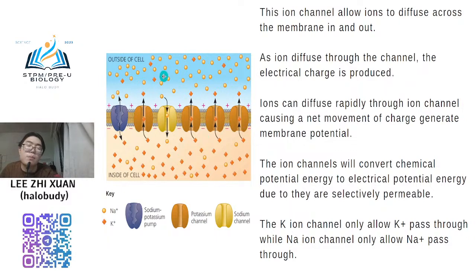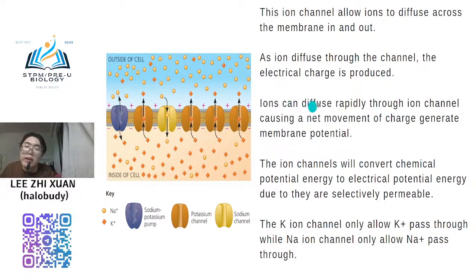Outside the cell is positively charged, so the potassium ion needs to pass out. It has to go out, but it cannot be too much either. If too much, there is a possibility of creating a positive charge too. And the sodium ion channel cannot be too much. If there are too many sodium ion channels, sodium ion will be flushed into the cell, and it will become positively charged. Cannot.